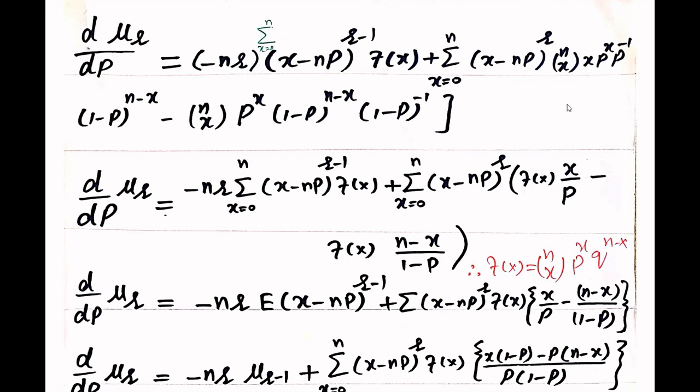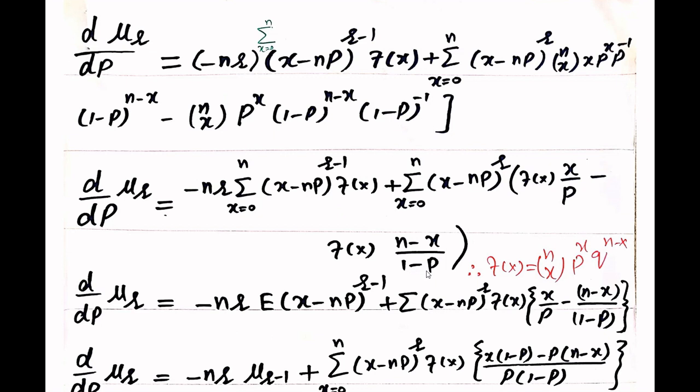So this term is equal to f of x times x over p, minus here nCx p power x (1 minus p) power n minus x, which is equal to f of x times (n minus x) over (1 minus p).